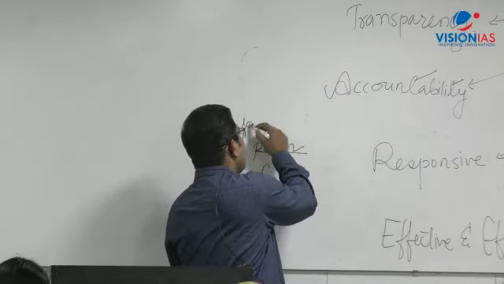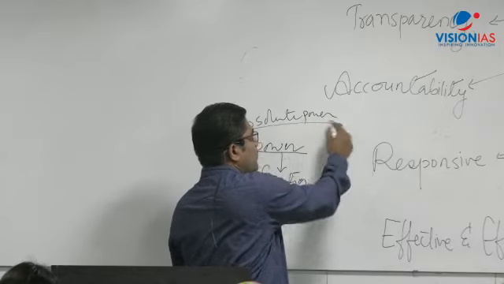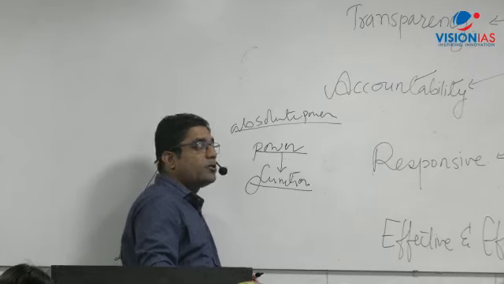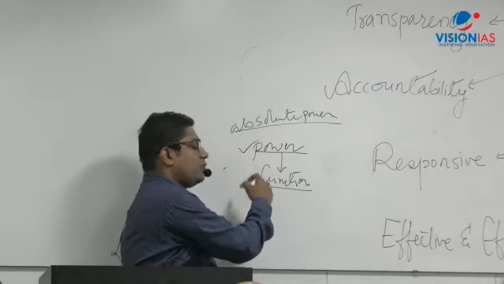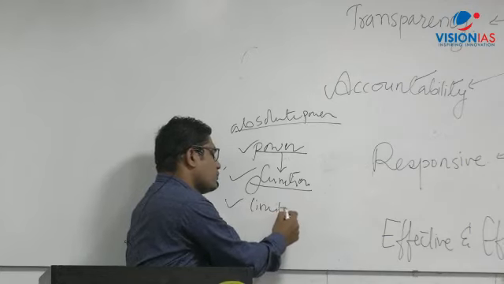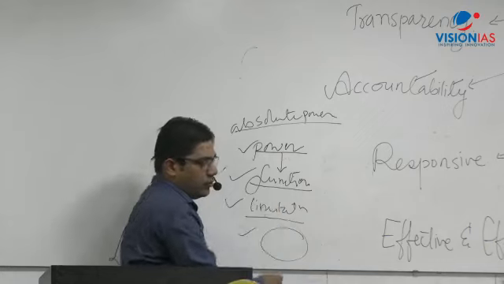They don't have absolute power. This is the doctrine of limited power or limited governance. The power is there, the function is fixed, along with that there are limitations. And if you cross the limitations, then there will be a punishment.